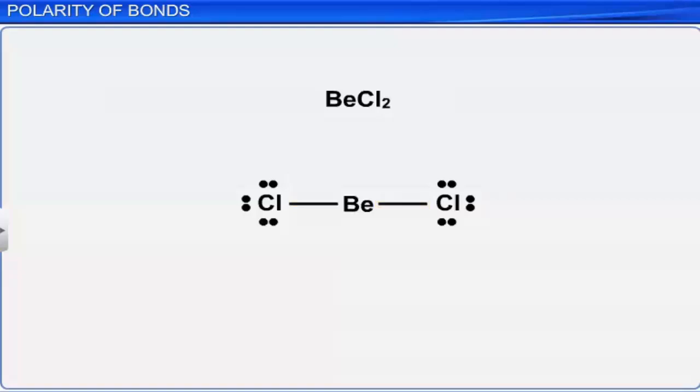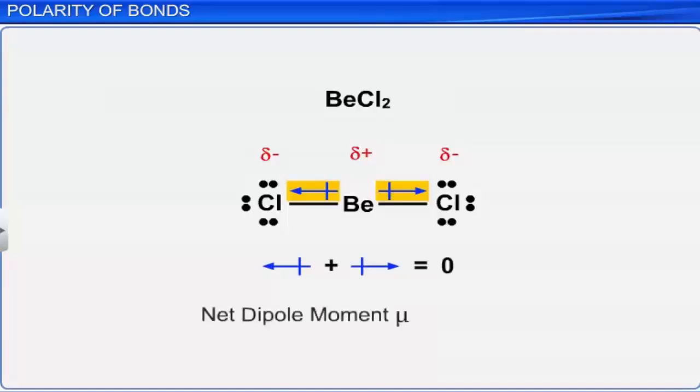As chlorine is more electronegative, the shared electron pair moves closer to chlorine, so that it acquires a partial negative charge while beryllium acquires a partial positive charge. The bond dipole between the two beryllium and chlorine bonds is represented as shown. As the two equal bond dipoles are in opposite directions, their vector sum is 0. So, the net dipole moment is 0.